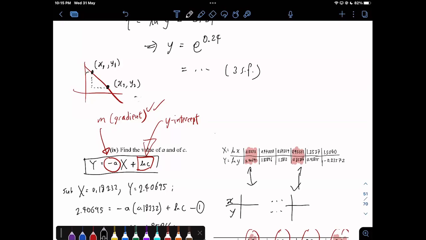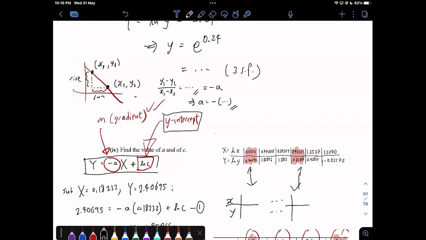Rise over run, which is really just the formula: y1 minus y2 over x1 minus x2. Calculate, and then you get your answer. That's your negative a. So this will be equal to negative a. Then from there, a equals negative of that. You understand the procedure? Do you need me to show an example? No? Okay, good. Then how about the y-intercept?